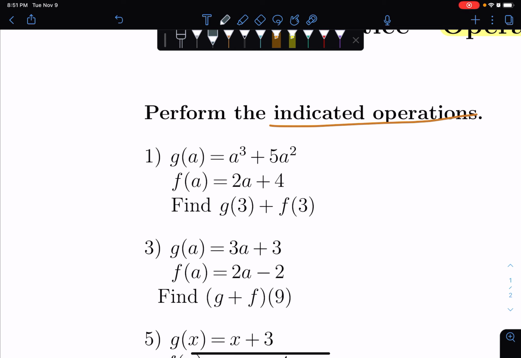So we're called to find g of 3 added with f of 3. So what we have to do is, we know that a is equivalent to 3 for us. So we have to find what g sub a is and what f sub a is.